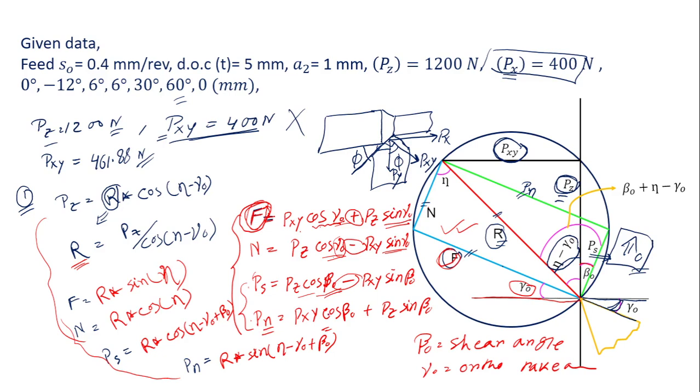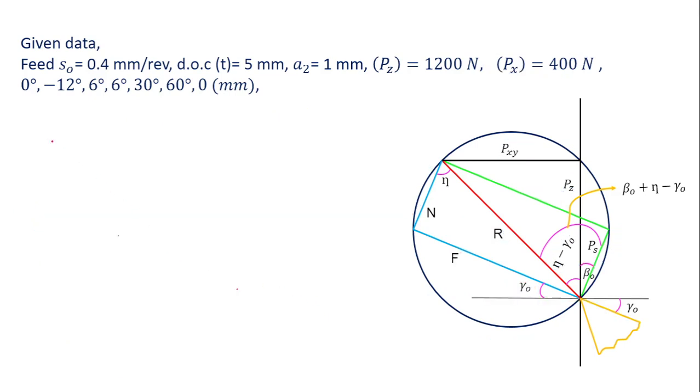Let's say if we want to go with the direct equation, then for Ps we have Pz into cos of beta naught minus Pxy sine of beta naught. Let's put the value. We have Pz is equal to 1200 and cos of beta naught. Now the question is that we don't know the beta naught.